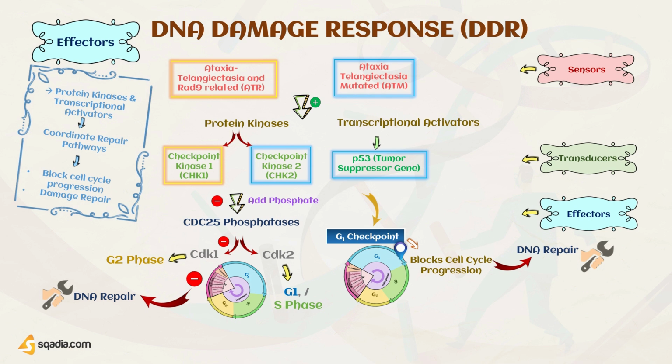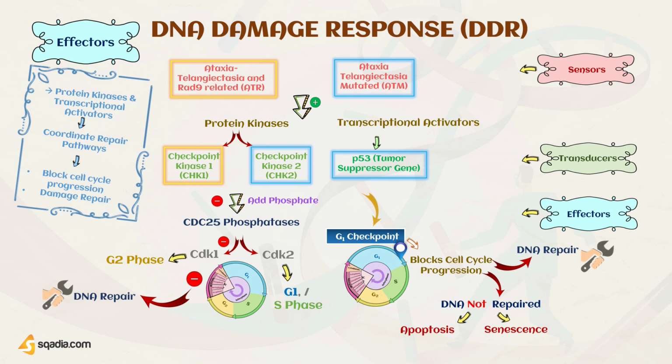If the DNA damage is too severe to be repaired, p53 can trigger cell death, a process called apoptosis. Alternatively, p53 can induce permanent cell cycle arrest, which is also known as senescence.